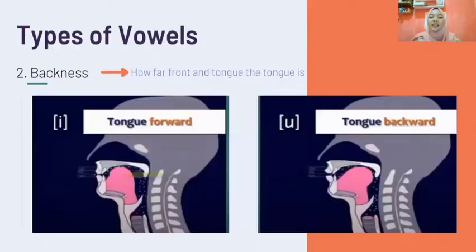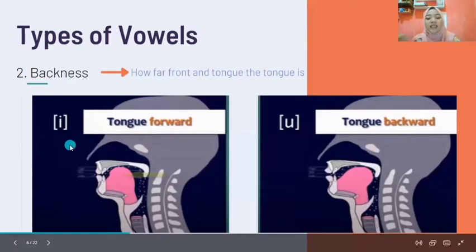So the second is backness. Backness refers to how far front or back the tongue is when producing the vowel. As with vowel height, this can be tricky and takes some practice.